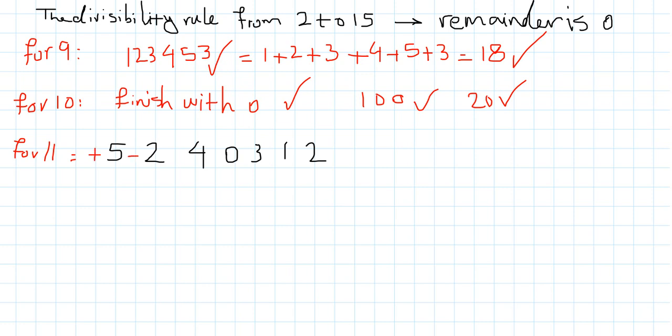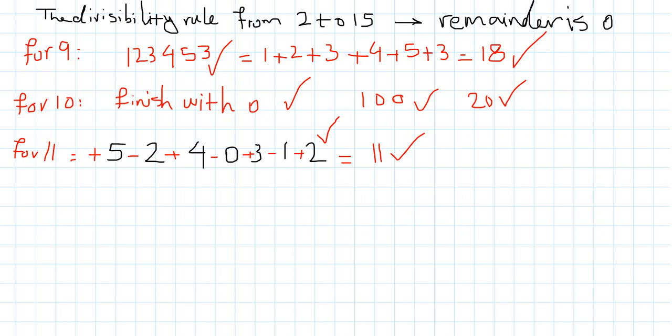Positive, negative, positive, negative, positive, negative, positive. Okay. 5 minus 2 is 3. 3 plus 4 is 7. 7 minus 0 is 7. 7 plus 3 is 10. 10 minus 1 is 9. 9 plus 2 is 11. So I know 11 can divided by 11. So this number is divisible by 11.